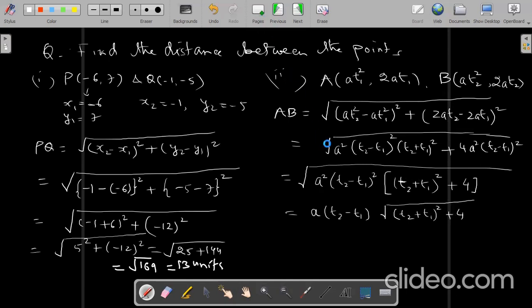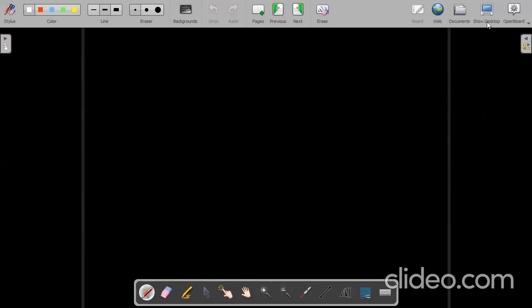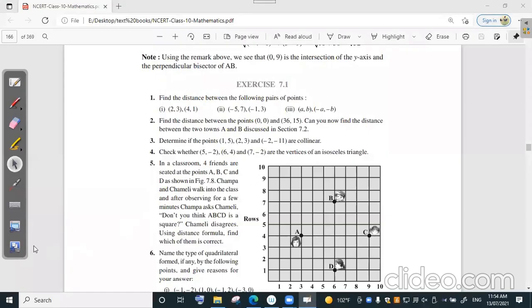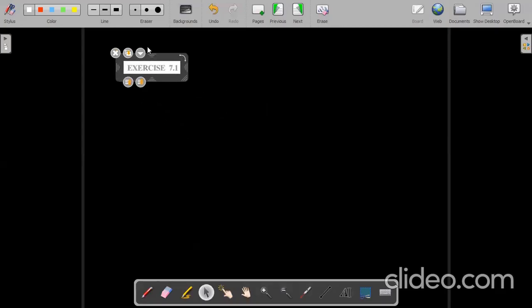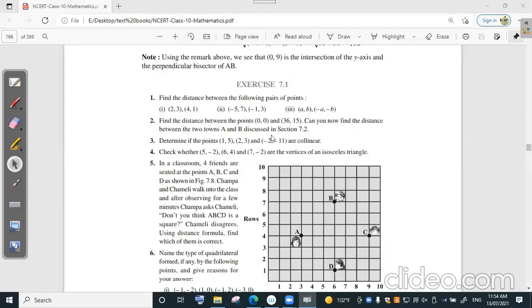Okay, so now we have seen the distance formula, and now we can do the exercise. The first type of question I have done already, the distance between the points that we have done. So find the distance between the points, and can you now find the distance between the two towns discussed in section 7.2?